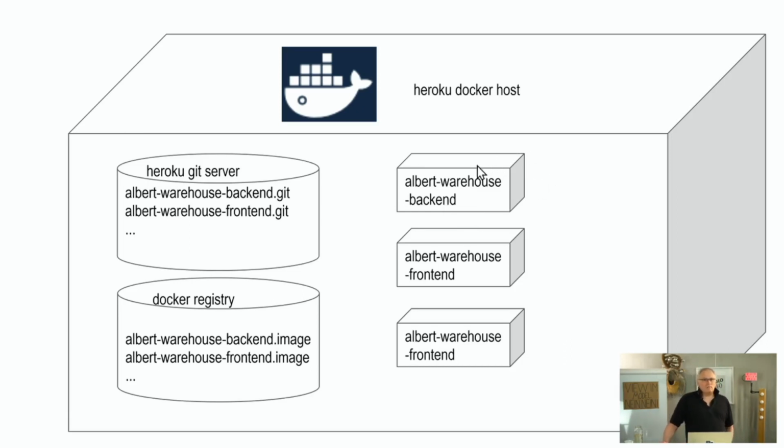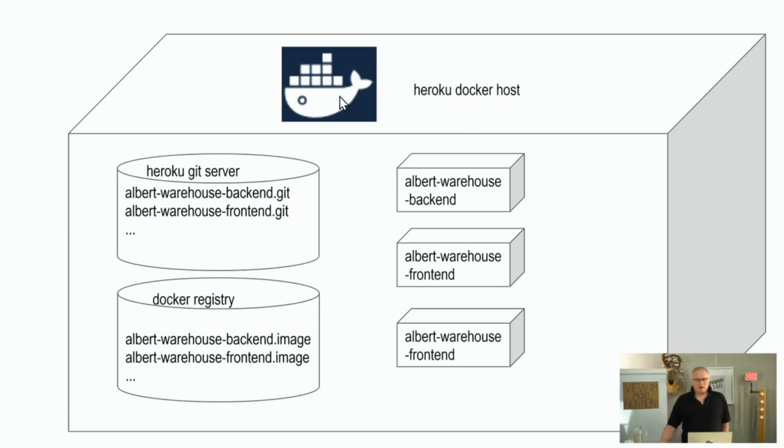So if your system is running on Docker, you have some kind of host, which is often this whale up here. That is the Docker host. It's actually another virtual machine that will run your virtual machines. Those are nested into each other.